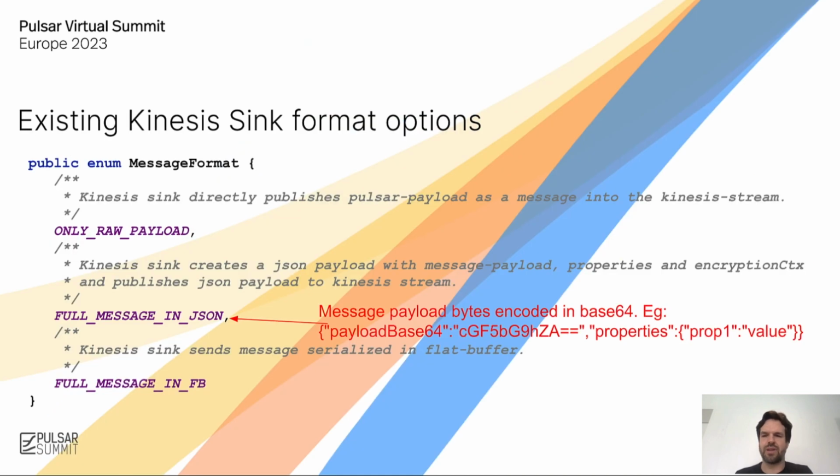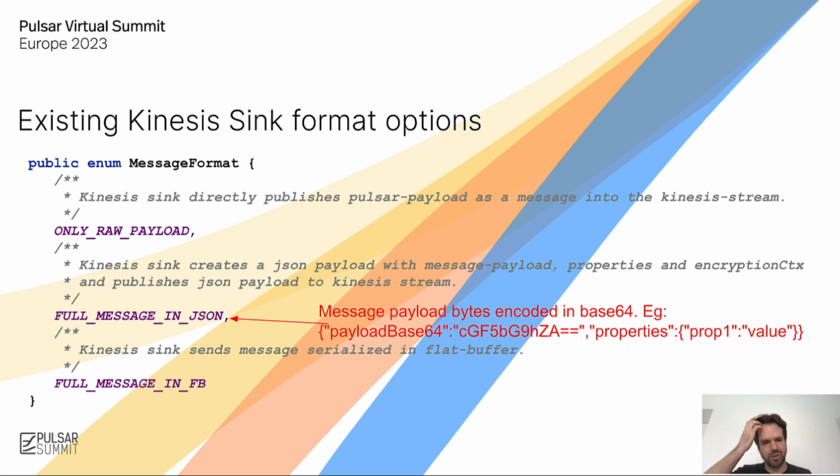At the time, on the Kinesis sink side, we had a few possibilities for the output format of the message. The first one was only the raw payload, so it was the raw bytes of the payload that were published to Kinesis.